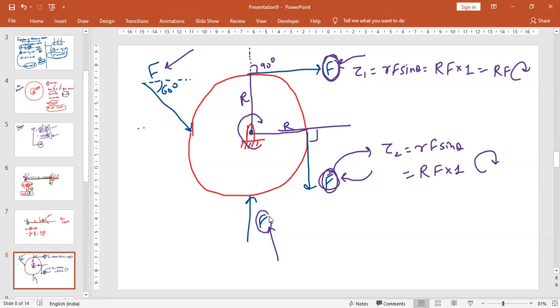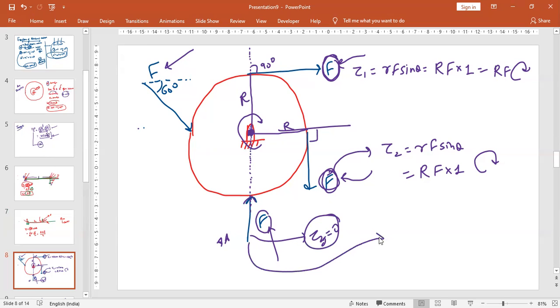Similarly for this force. Now remember one very important concept. Suppose if I extend the force and suppose the line passes through the center, then the torque due to this force will be 0. Suppose if you extend the line of action of force and suppose this line of action passes through the point about which you are calculating torque, then the torque of this force will be 0.